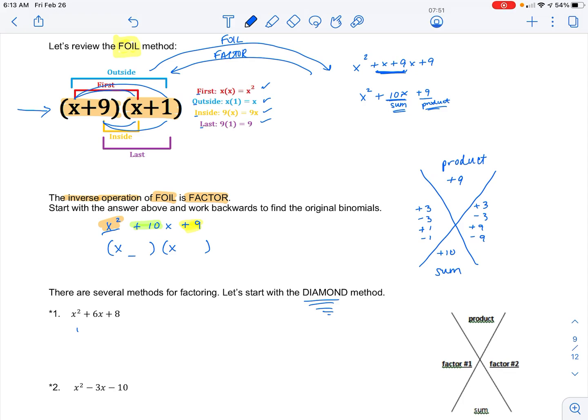What I'm going to put as my signs here, and the numbers I select to put here, we go to the diamond for. Okay, so I'm going to look at my product of 9 and my sum of 10. Whatever I choose for my product, to get my product of 9, so whatever factors, these are actually, let's go ahead and list here. This is factors. These are factors number 1, and we have factors number 2 over here.